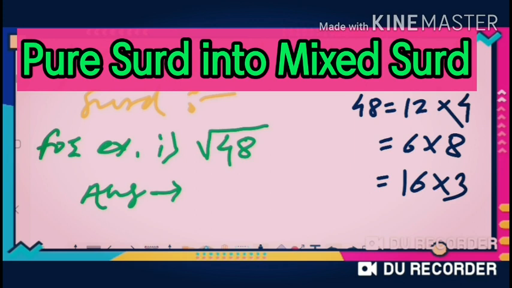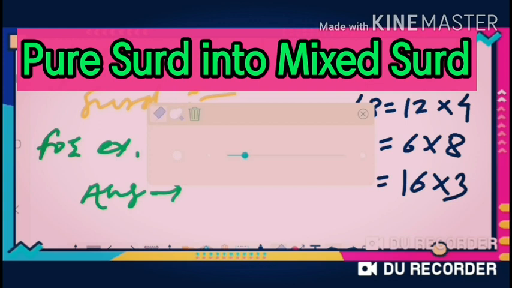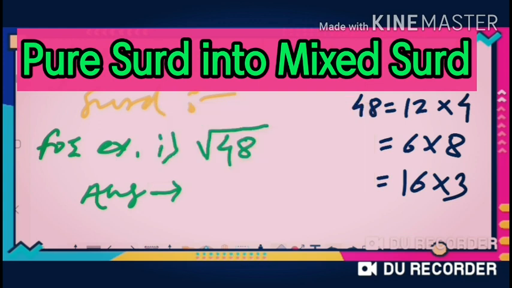Order of given surd is 2. Hence, select one factor in which one number is a complete square number. If there are more than one complete square number, then select the factor which contains the largest complete square number. Hence, we take factor 16 into 3.